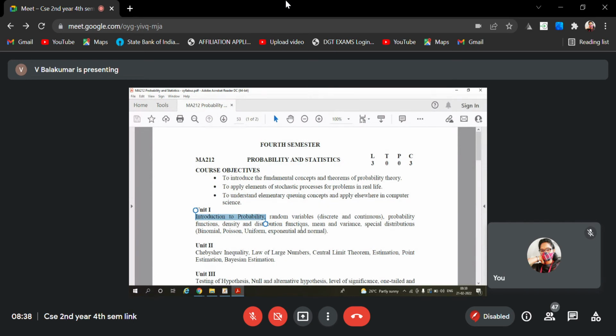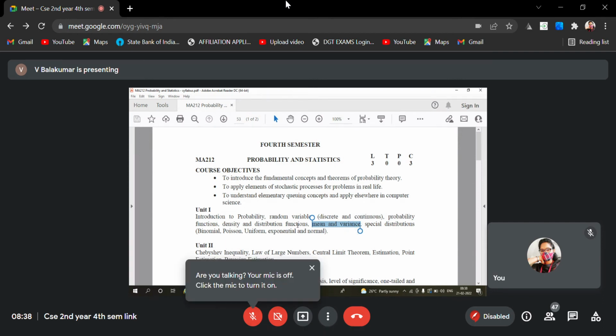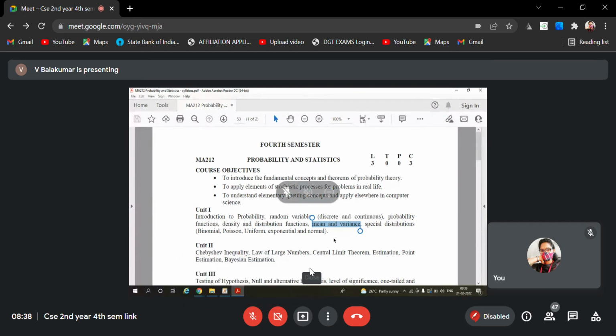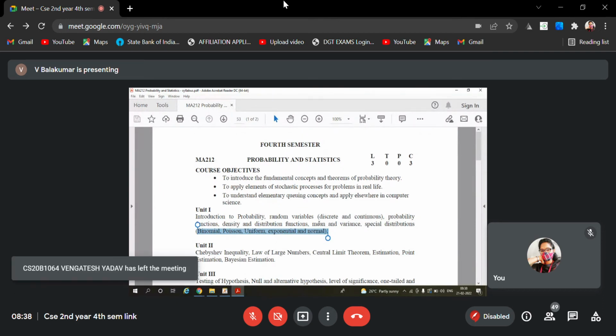Then we discussed mean, variance, median, mode, standard deviation, useful numbers giving additional information about a probability distribution, how to find those numbers, quantifying the nature or behavior of a probability distribution. Then we saw some special distributions: binomial, exponential, normal. The first two are for discrete random variables, the remaining for continuous random variables. With that, we completed unit 1.